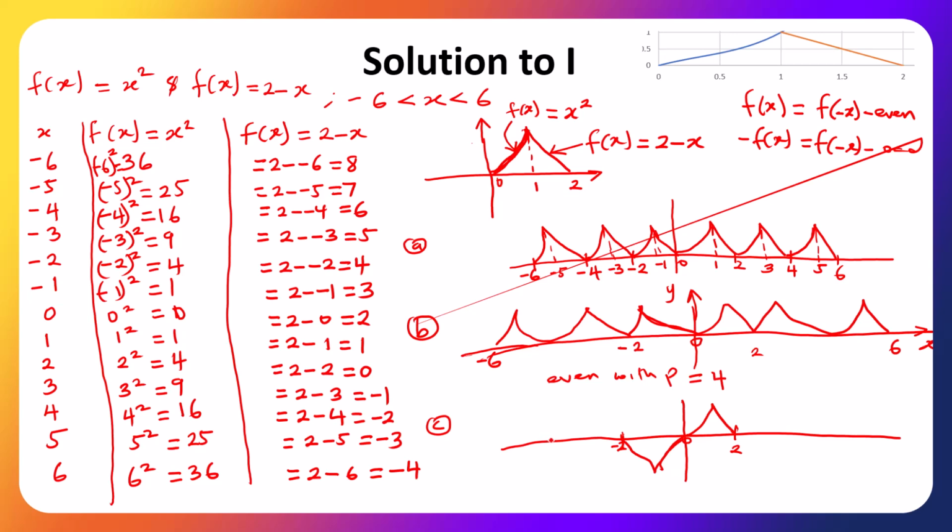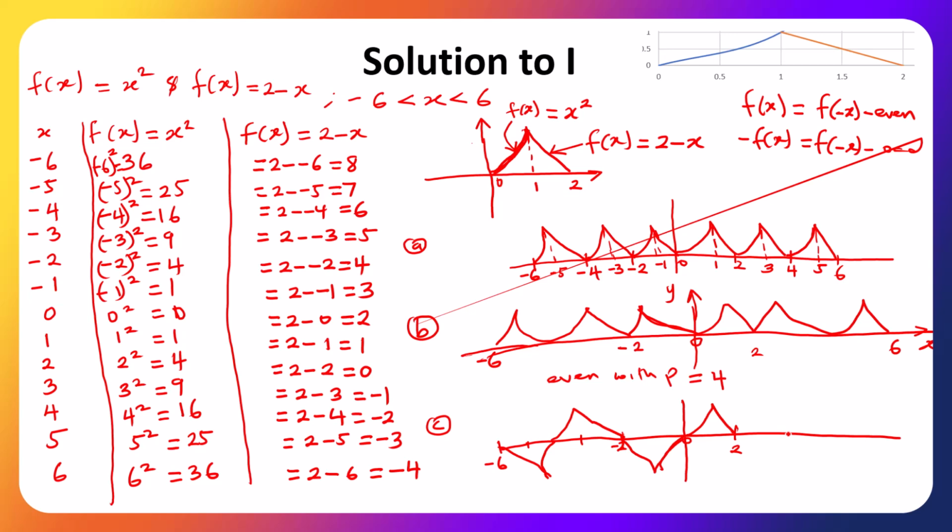So let's take it from here. So we have minus 6 here, and we have another plot to add here.